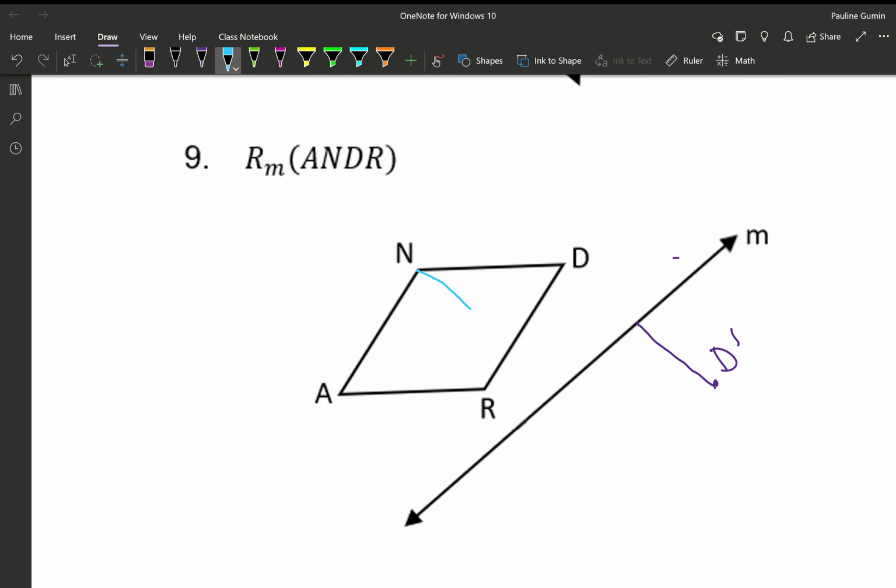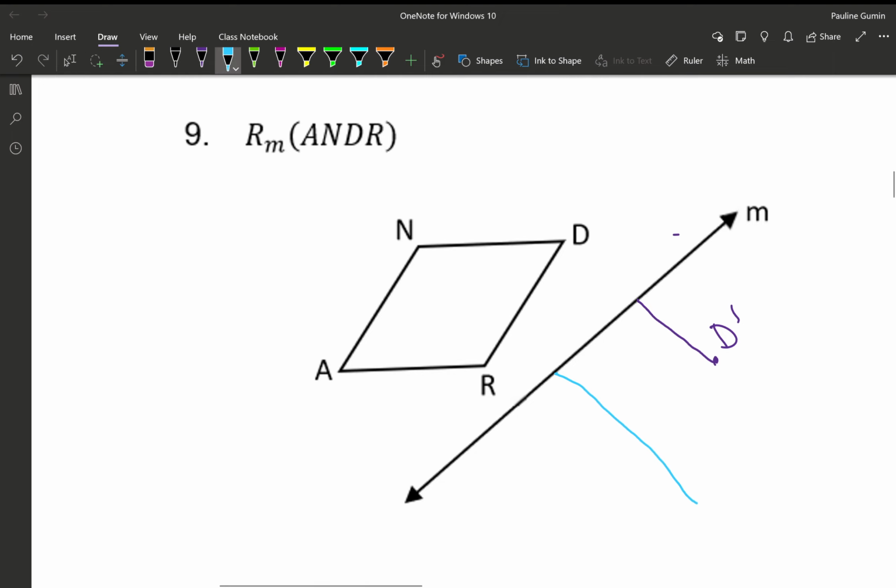I'm going to do the same thing to N, and to R, and lastly to A.